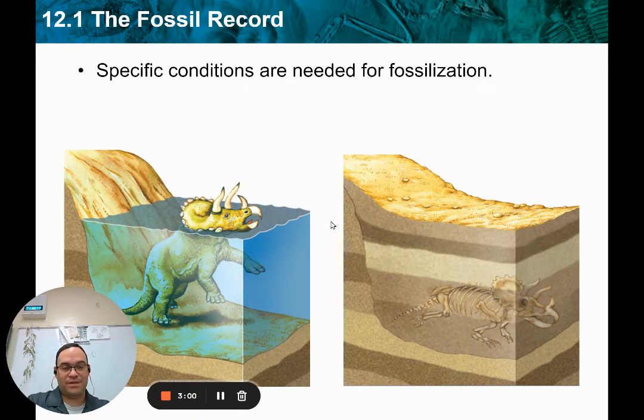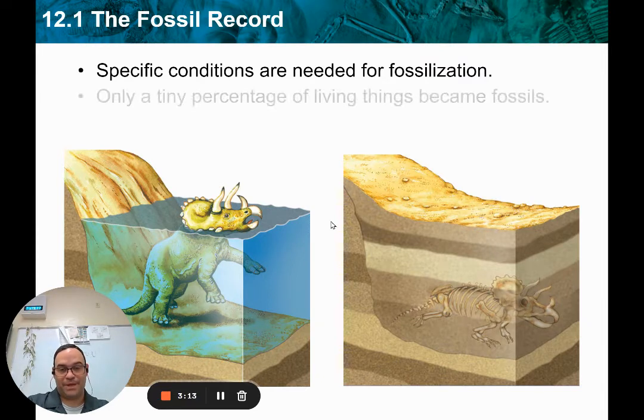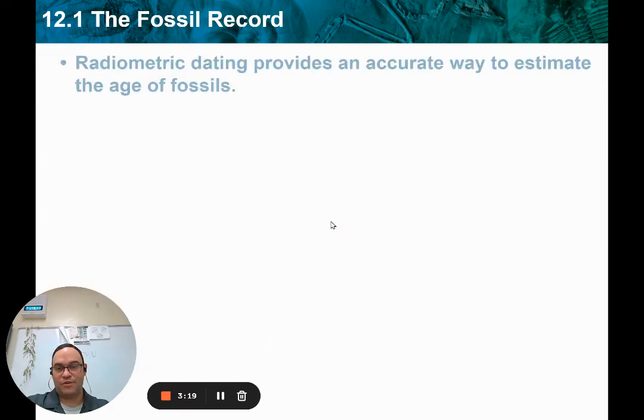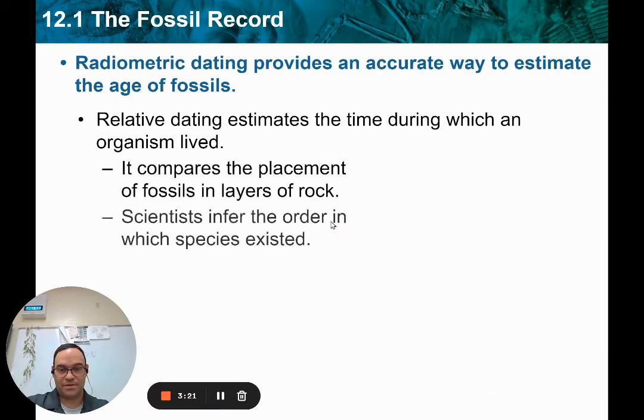You have to be dispersed and lots of that organism, not just a few of them. You need lots and lots of them so that when we're digging through, we just so happen to run into you. And then being bigger helps too. Very few of the things that were alive ever become fossils, and even fewer of those are ever found.